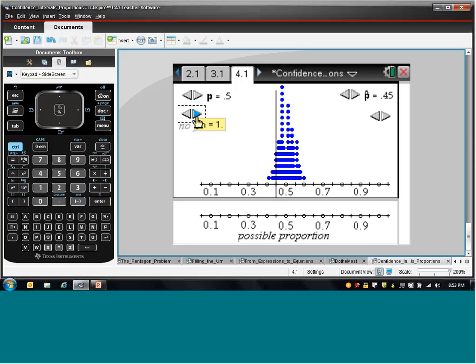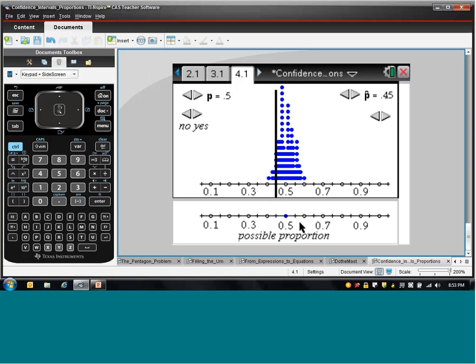So Eric, click a yes. And notice down on the horizontal number line on the bottom, it says this is a possible proportion. The true value could be 50%. I would be likely to get a sample where 45% were men if the truth were 50%.